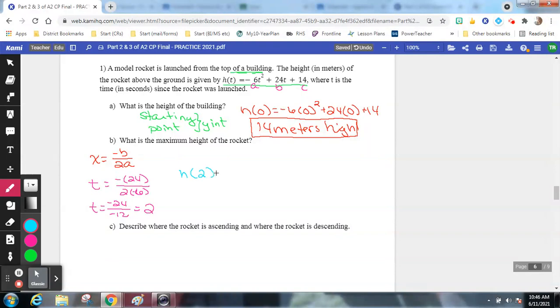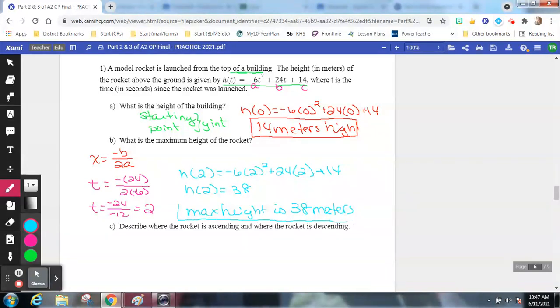So h of 2, and this is just a matter of putting it in your calculator. You would put a 2 in for every t value, and you would find that the height at 2 is 38. So the maximum height is 38 meters. And remember, the t was your time, so that's why I'm not using 2 as the answer to this question.